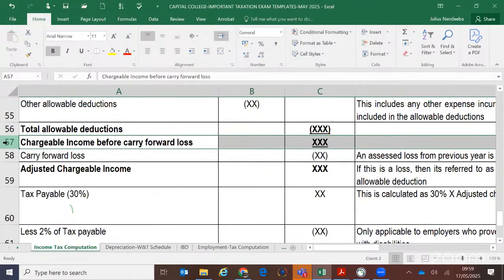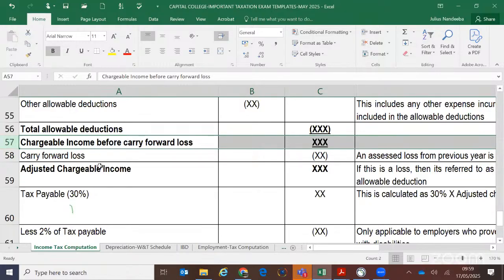It is a free mark because you're not going to calculate this carry forward loss. The examiner is going to tell you among the notes that there is a loss that came from the previous year. That is what you call a carry forward loss. At this point, remove it from the chargeable income, and then you get your adjusted chargeable income upon which you're going to apply the tax.